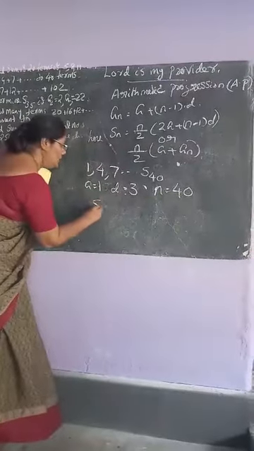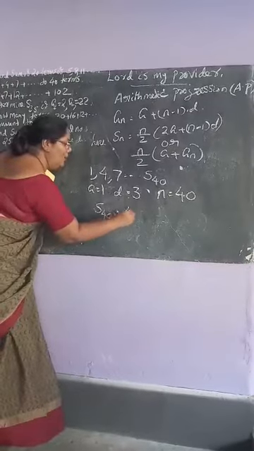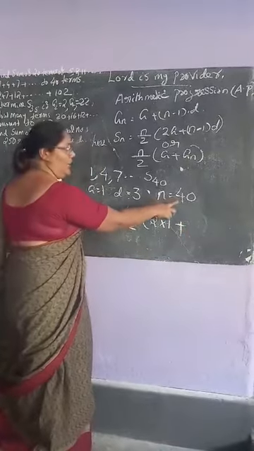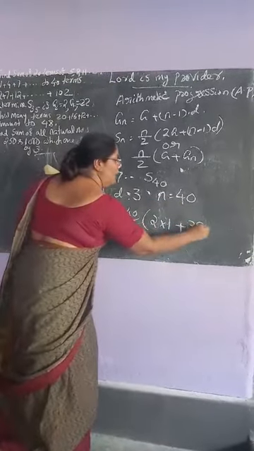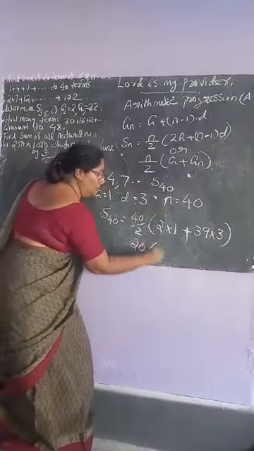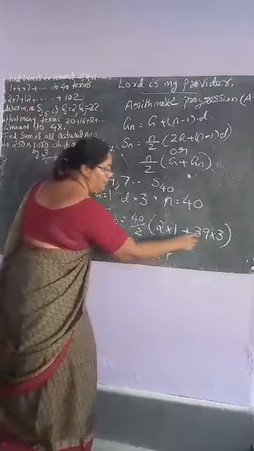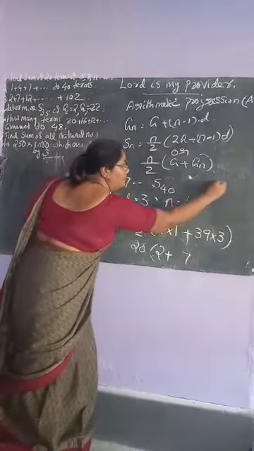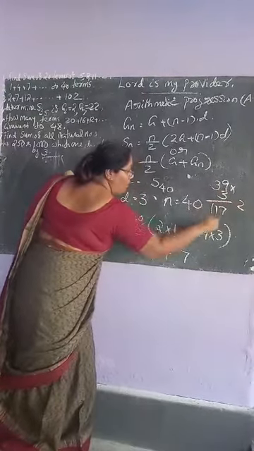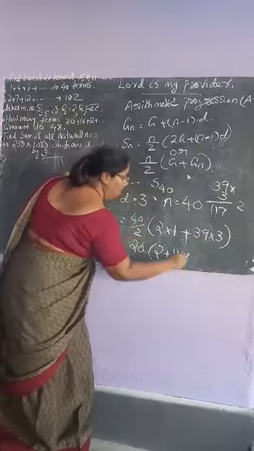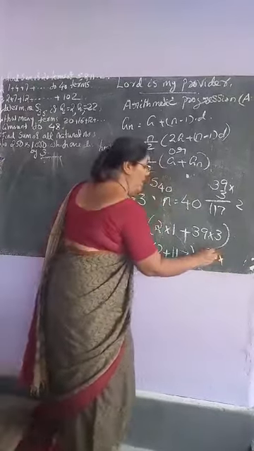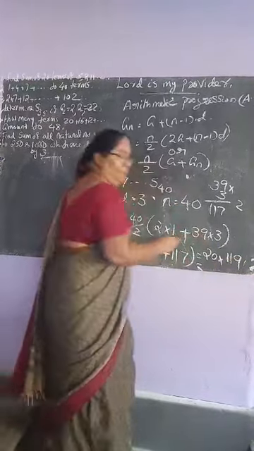Applying, S40 is equal to 40 by 2 into 2 into 1 plus 40 minus 1, 39, into 3. 40 by 2 is 20, into 2 plus 39 threes are 117, that is 119. 20 into 119, find the final answer.